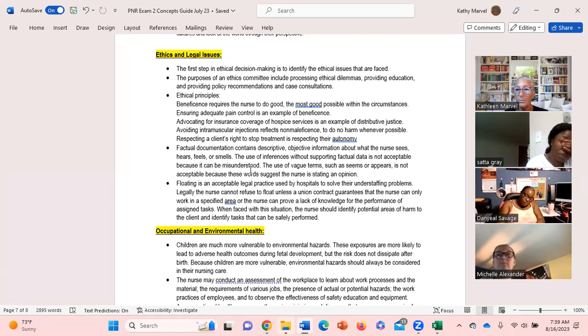So legally, you really can't refuse to float. However, let's say you've been working with adults and you get floated to the pediatric unit. What's the conversation you want to have with the head nurse or lead nurse?